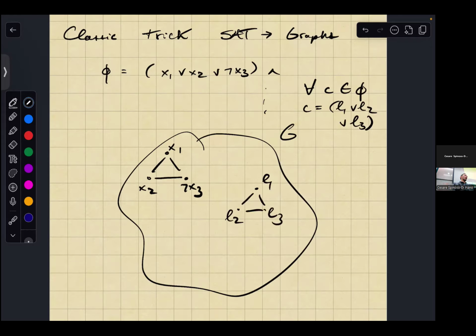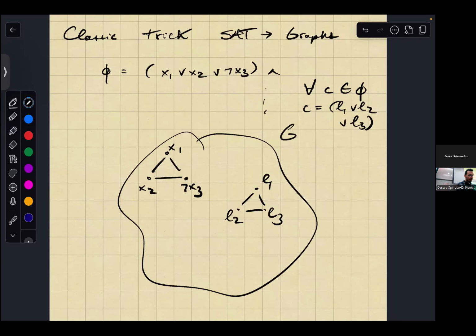So I've taken the Boolean formula, and now at least I have a graph. But it's not enough to just convert it to a graph. I need a yes to go to a yes, and a no to go to a no, because I need a correct solver of the 3-SAT problem. But at least I've gotten the types right, so that's kind of nice.